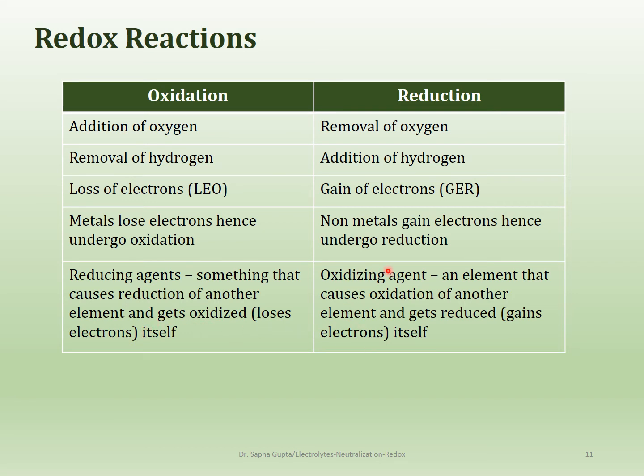All the oxidizing agents are on the right-hand side of the periodic table. If you ever forget this, think of your oxidizing agent, oxygen, which is on the right-hand side. That is the most common oxidizing agent. You find that on the right-hand side of the periodic table, and it causes oxidation of something else. It's a non-metal, so it will undergo reduction, which means it will gain electrons.